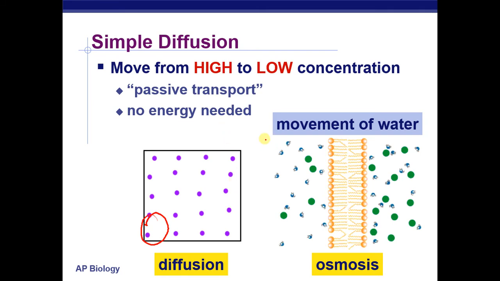Or, I mean, this also happens with water. And when diffusion happens, and the substance that's being diffused is water, we give it a special name, we say osmosis. So osmosis is just a special case of diffusion when the substance that is diffusing is water.